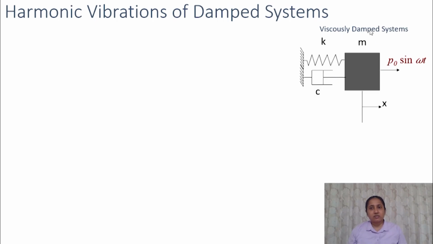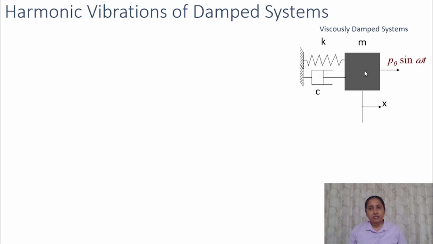In a viscously damped system, the damping is represented by a viscous damper, and the damping force will be equal to the damping coefficient multiplied by the velocity of this mass.